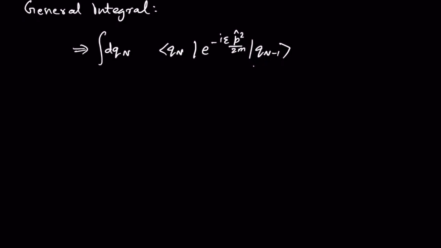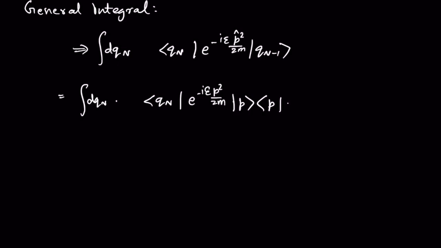Now that we have a situation like this, with the p squared operator, naturally the thing we're going to attempt is to insert a completeness again, but this time it will be a momentum space completeness. So ⟨q_n| e^(-iε p²/2m) |q_(n-1)⟩, but this time we insert |p⟩⟨p| in between.